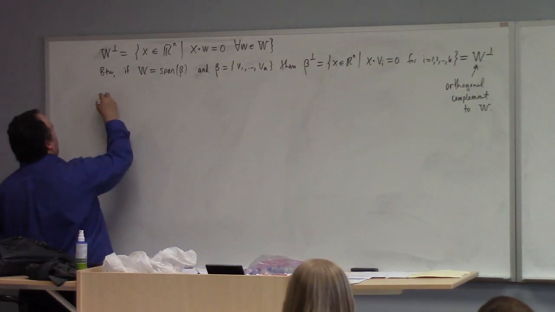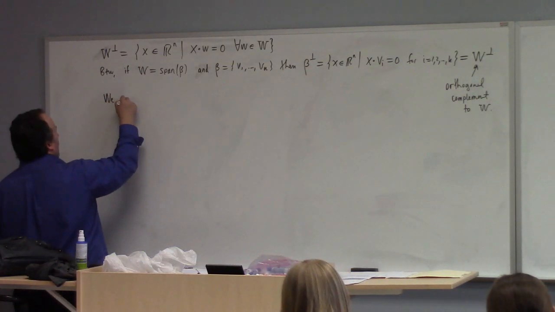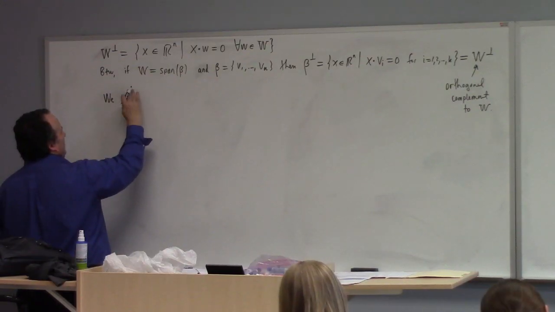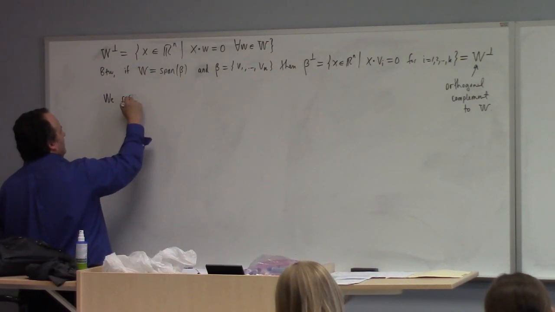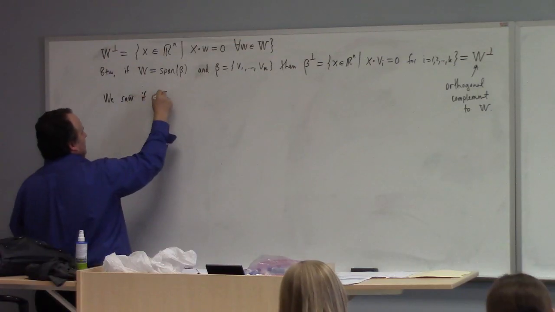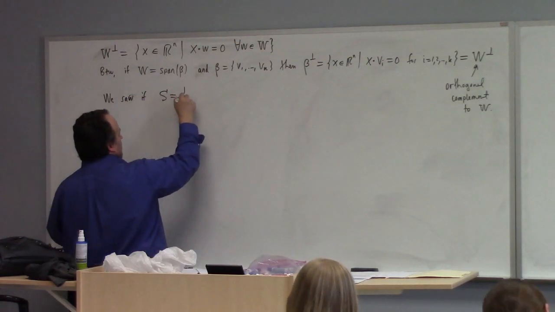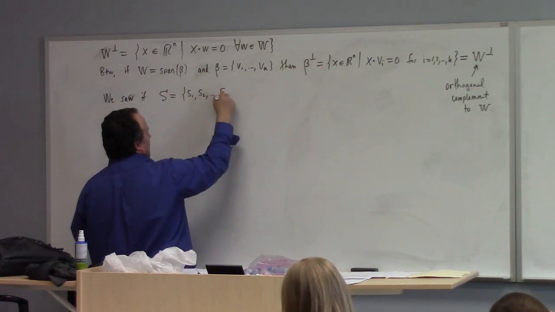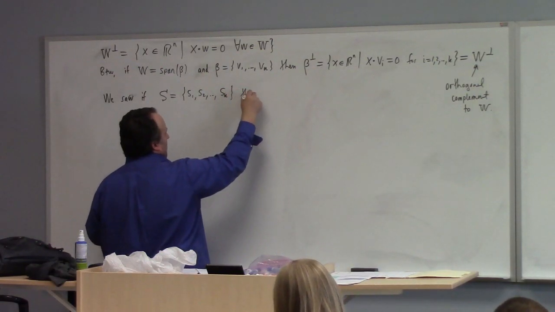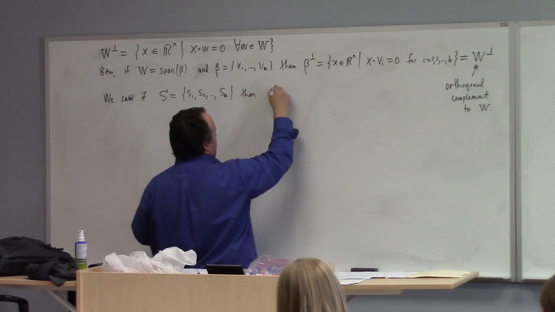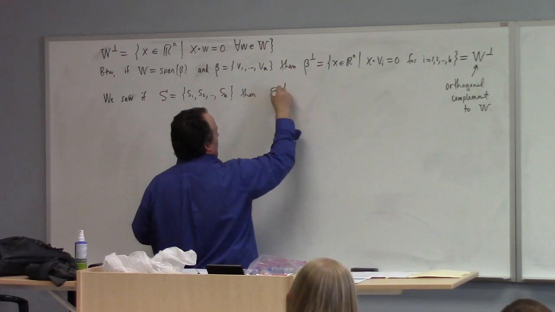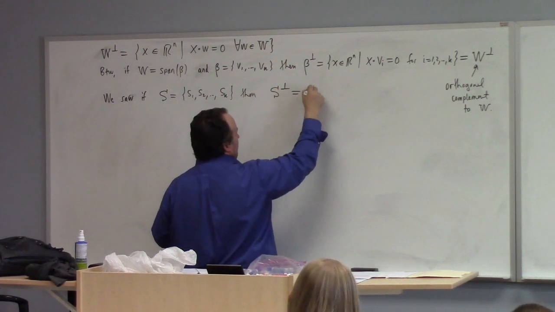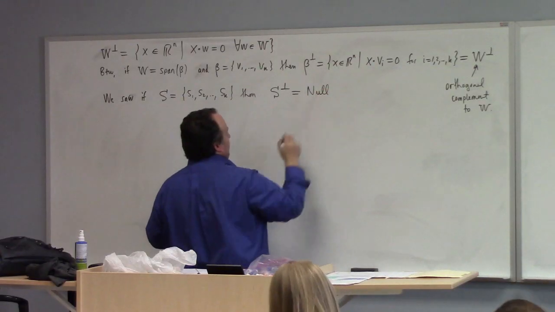So last time we saw, if S is equal to S1, S2, say k things, then the orthogonal complement to S was what? It was the null space of what?